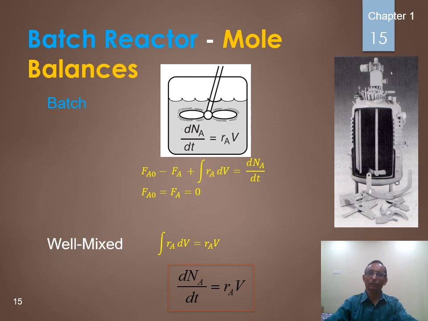We apply concentration, temperature and pressure; these are the 3 parameters we are going to use. You have decided the concentration and dumped your quantity inside the reactor. Then agitation is required in this reactor, so the agitator is shown here. You have applied the temperature and the pressure and started your reaction.